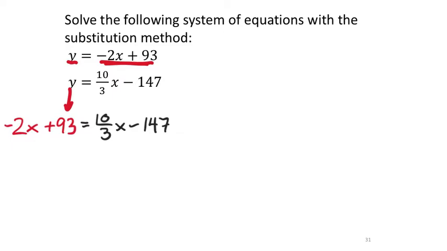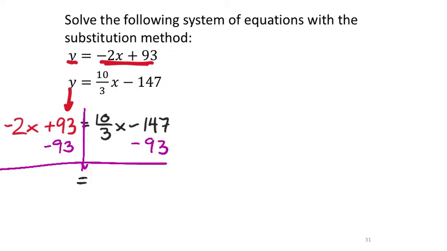And so from here, I'm just going to solve this like I would a regular equation, right? Principles of equality. I'm going to do two principles of equality in one. I want all the variables on the left, so I'm going to subtract 93 from both sides to start. Negative 147 minus 93 gives a negative 240, thank you.